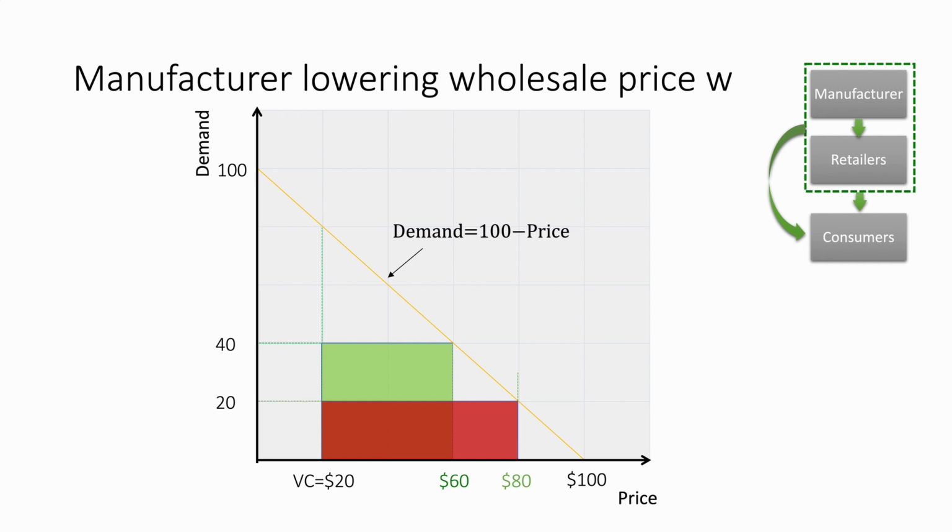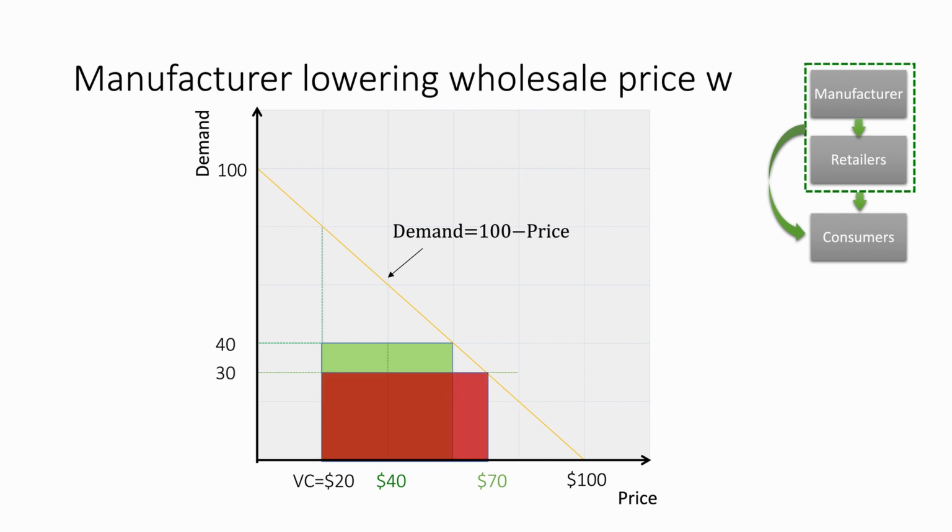What happens if the manufacturer lowers its wholesale price, let's say from $60 to $40? Then it would allow the retailer to also lower the retail price from $80 to, let's say, $70. If that's the case, the profit situation for the channel would change because the demand would go up after the retail price is lowered.